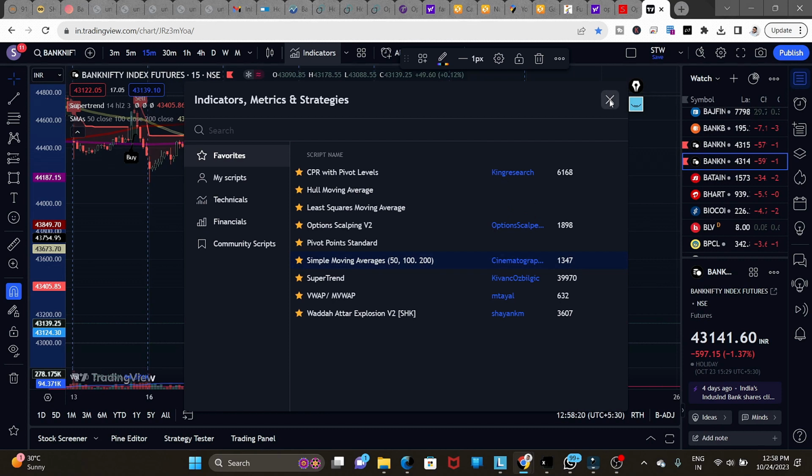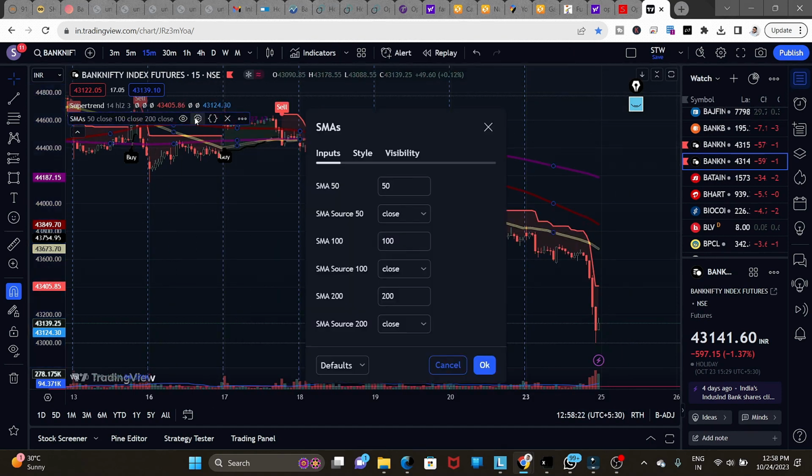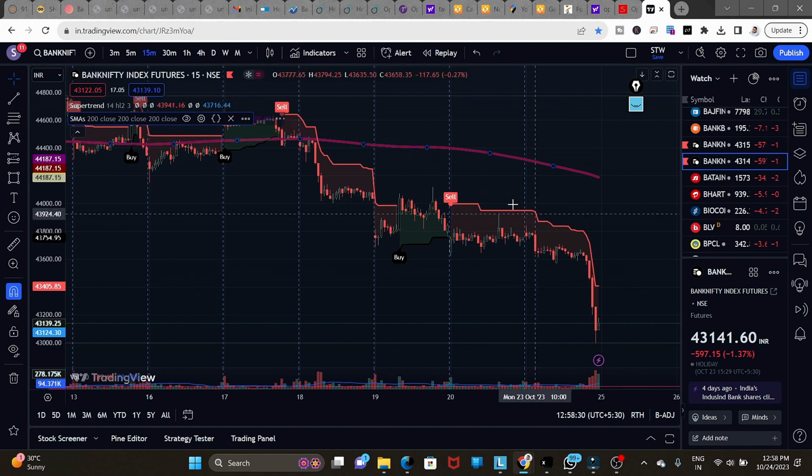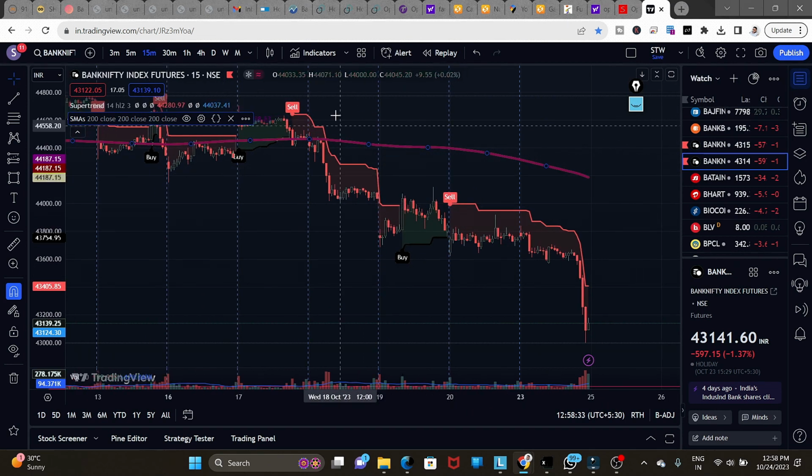Let's use this one. I will change everything to 200. Okay, so there is only one moving average, which is this one, which is the 200 period moving average.